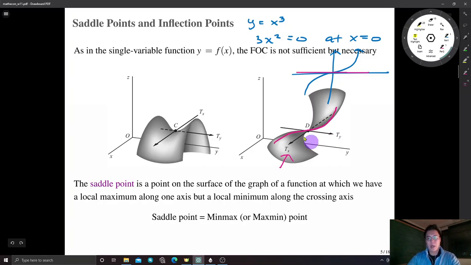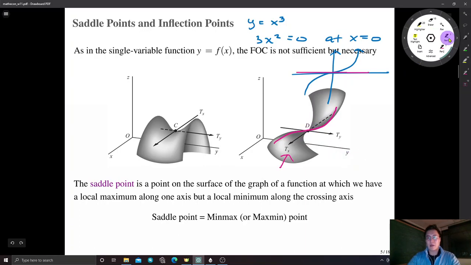Okay, so at point D, the tangent line parallel to the zy plane, that is, the tangent line in the y direction, has zero slope. Okay, so the curvature is changed, but the function does not have any extreme value at this point.